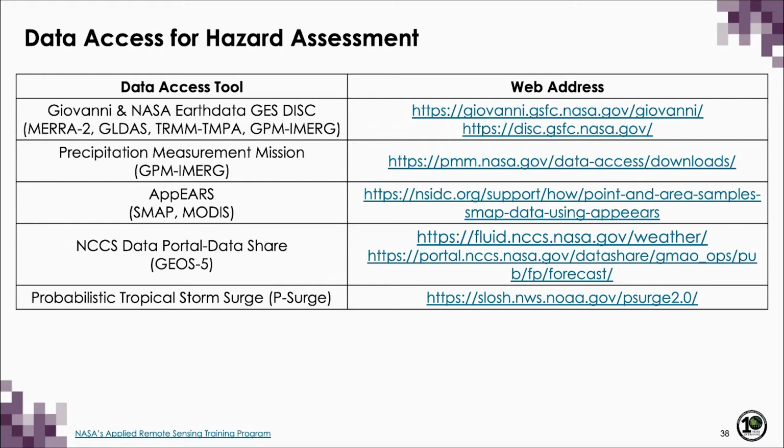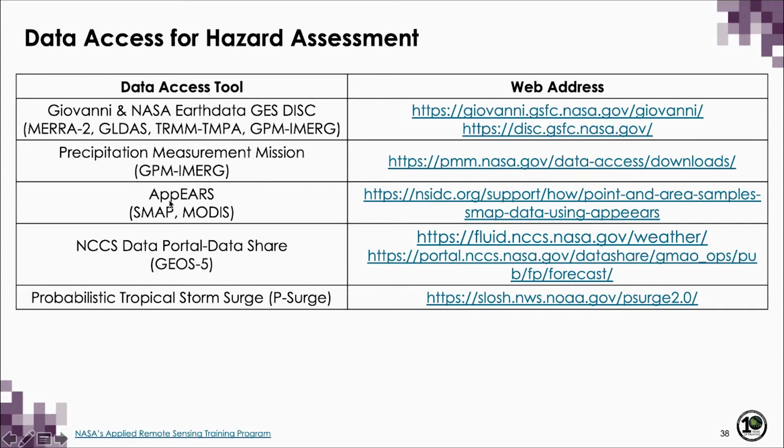This is a list of data access tools. Next session, we will have a demonstration of some of these tools, but this is just concise information about the data tools. There is Giovanni and NASA Earthdata GES DISC that can be used to obtain MERRA-2, GLDAS, TRMM, and GPM data. There is Precipitation Measurement Missions that also provides TRMM and GPM data access.